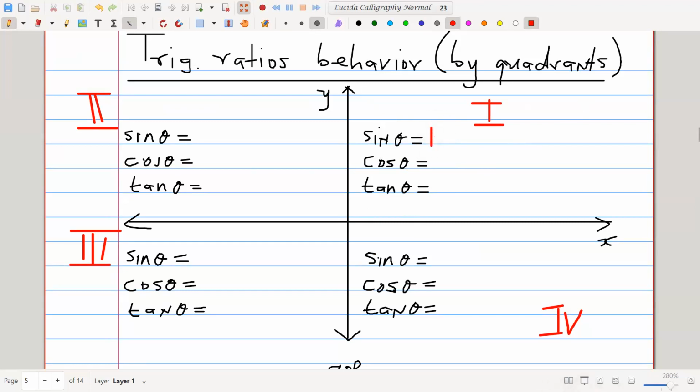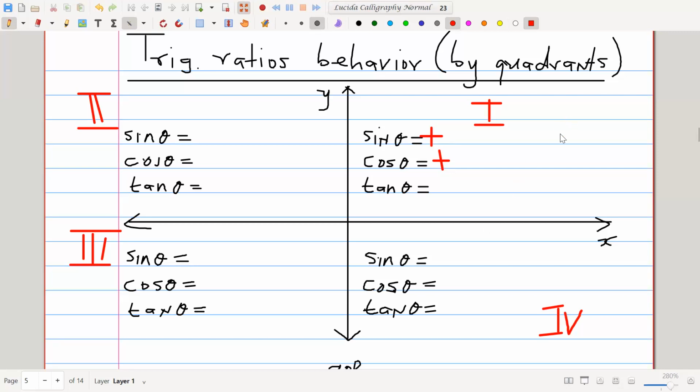And the same reasoning applies to cosine being always positive here. Why? In the first quadrant, x is always positive.